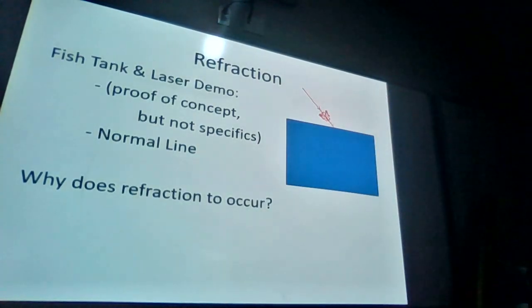Does that make sense? So this is why light changes direction when it changes speed. Most people are okay with the fact that light changes speed when it goes into different materials. That's usually not hard to convince people of. Like, okay, it's thicker or whatever.